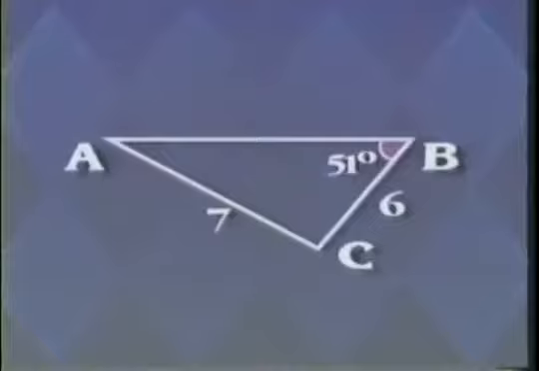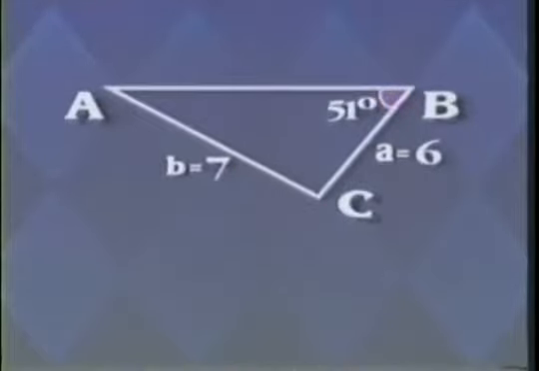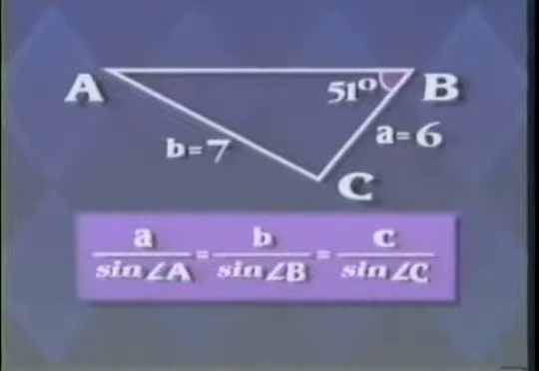Naming the triangle ABC, we see that side A is 6 units, side B is 7 units, and angle B is 51 degrees. Since we know both angle B and side B, we have opposite information. So the sine law can be used.